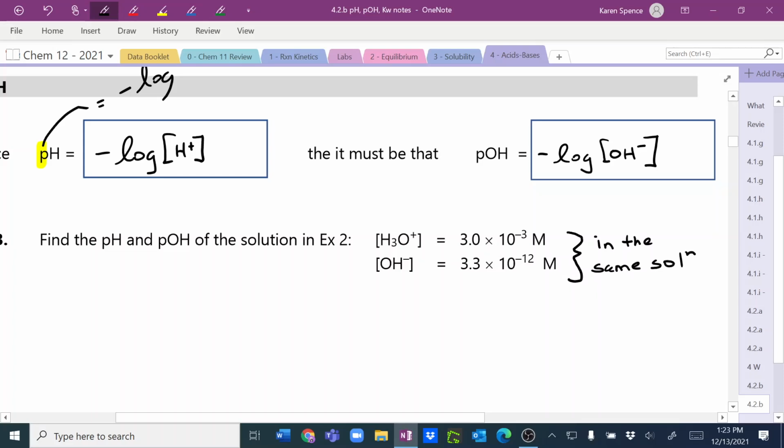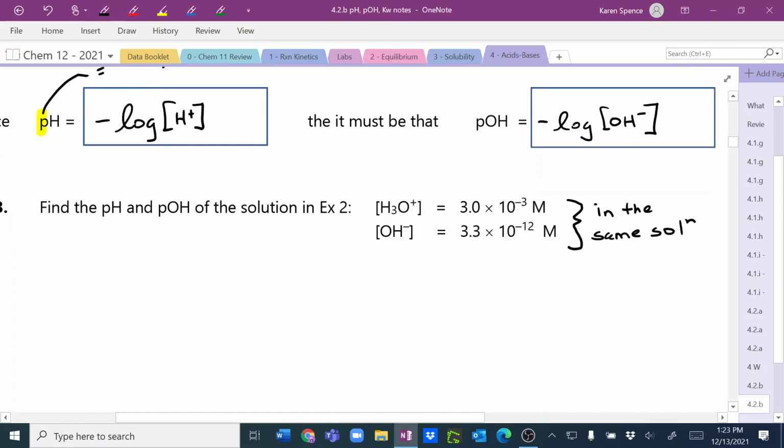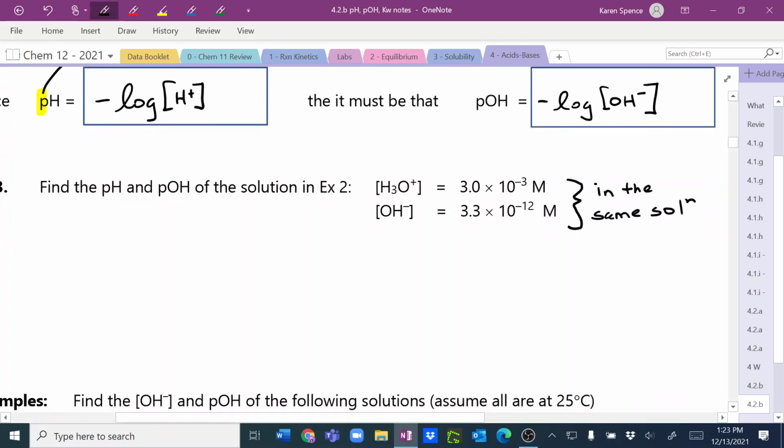So let us calculate then the pH and the pOH. Because if you have a written response question, you need to write the formula. We're going to do that here.